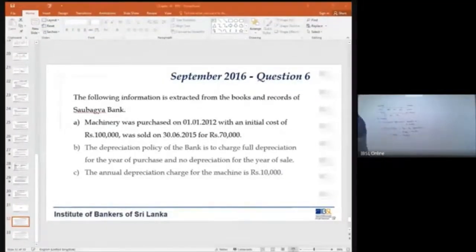What is part 2? Part 2 is they want you to prepare the ledger account on disposal of machinery. They want you to draw up the T account. I have already shown you how to draw up the T account for this particular question. Can you start doing it?